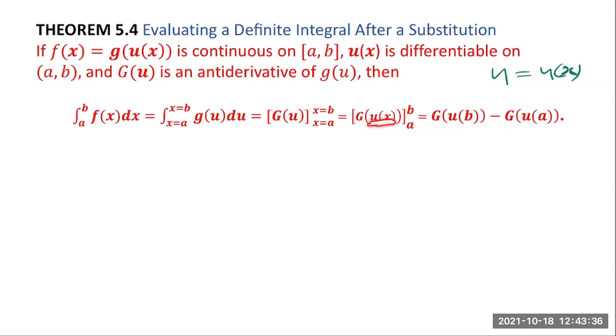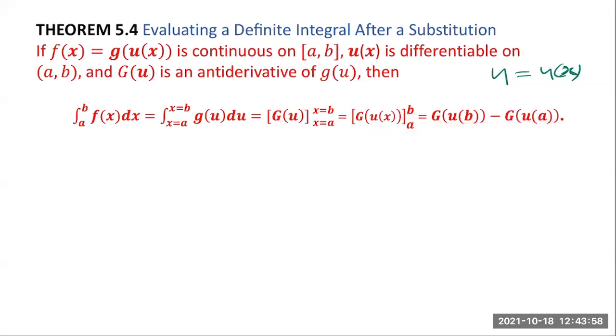Now you can plug in the x limits here to this inside input. You plug in upper and lower limits for this function. This is the evaluation notation, right? If you have a function like this, you plug in the upper limit and then minus, plug in the lower limit. You get G of u of b minus G of u of a.